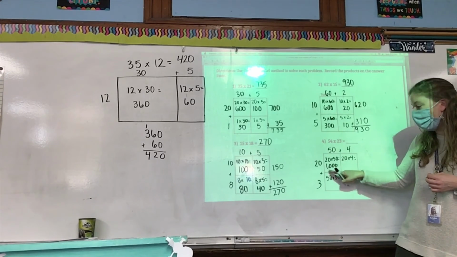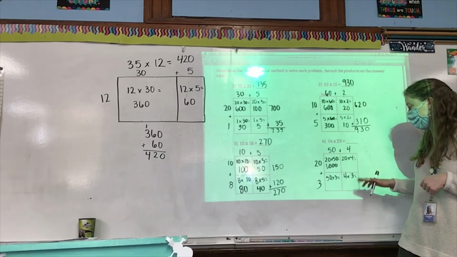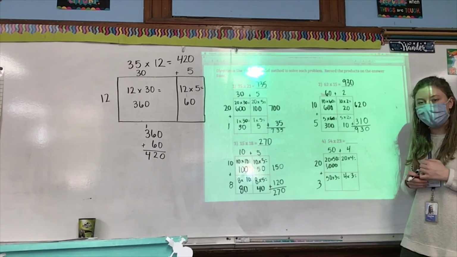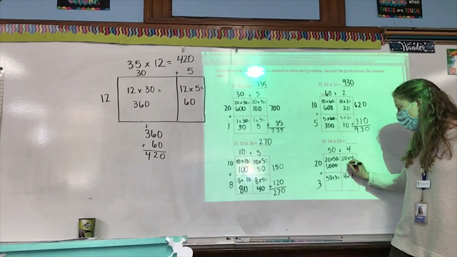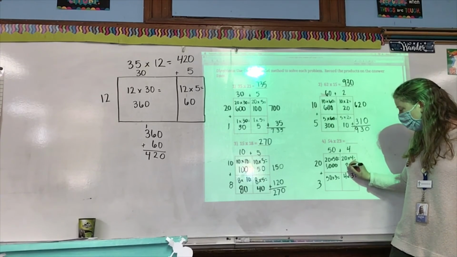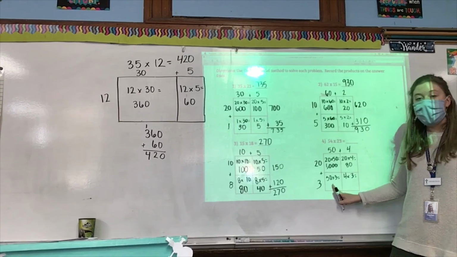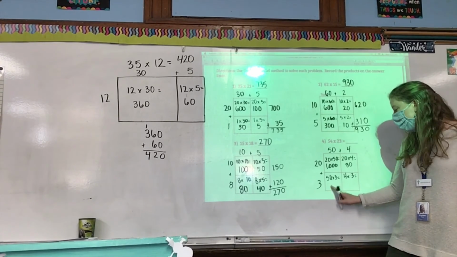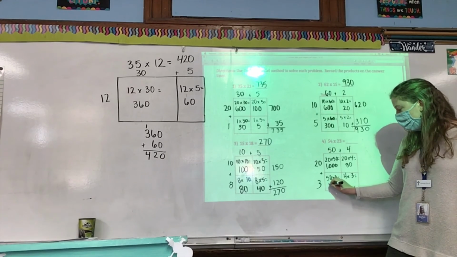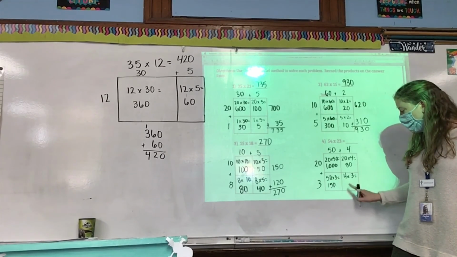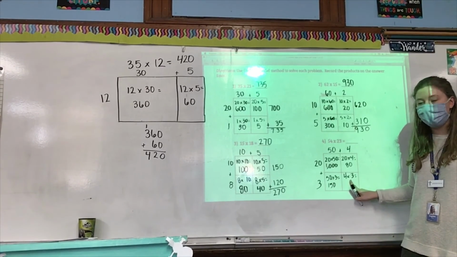So that means it's not 100, it's 1,000. Using basic facts and patterns, 20 times 4 is what? 80. Very good. 50 times 3 is what, Carla? 150. Good. And using basic facts, 4 times 3 is? 12.